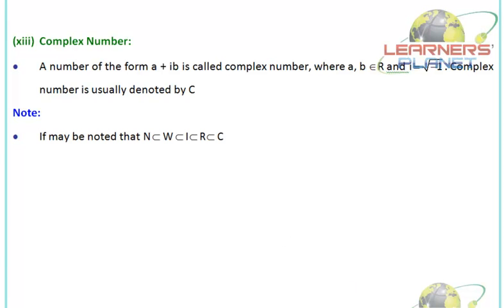Suppose I am having a number 2. 2 into 2 gives 4. Minus 2 into minus 2 gives 4. In both the cases, we are multiplying two same numbers and getting one number.